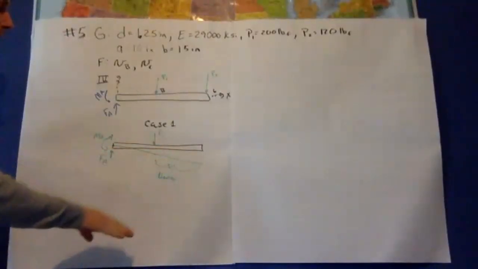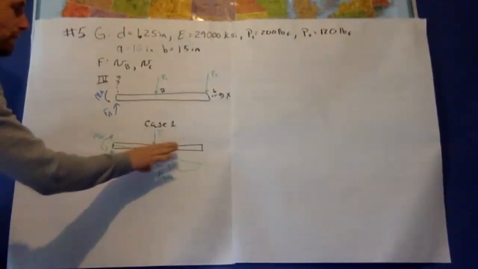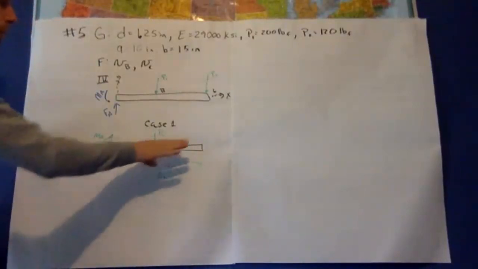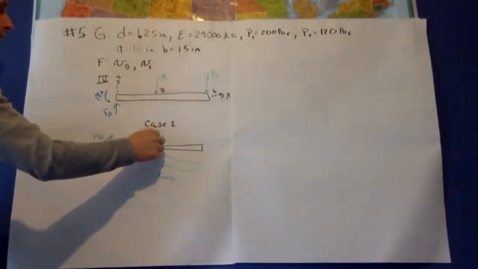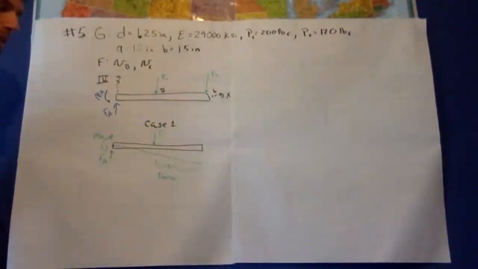Yes, for this case, only P1 is applied, and it's kind of like if I'm standing here, nothing, and I'm assuming it's weightless too, or weight doesn't matter relative to P1. It's just hanging off. Does that make sense? Yeah.